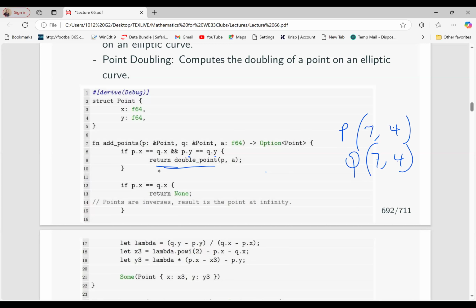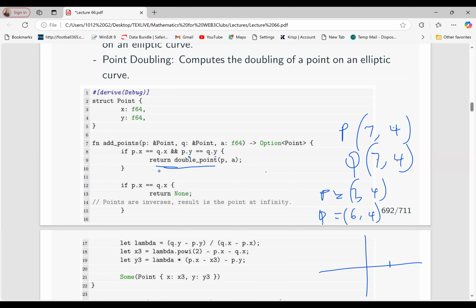But look at this. If P has 7, 4, and Q has 6, 4, you notice that the x values are not equal, but the y values are equal, meaning that these two points lie on the same horizontal line. Let me talk of the x-axis and y-axis.